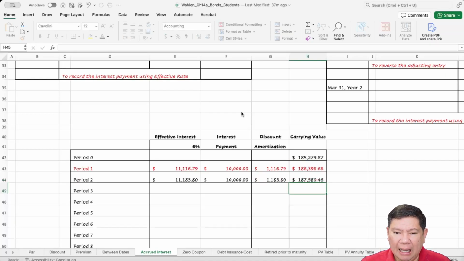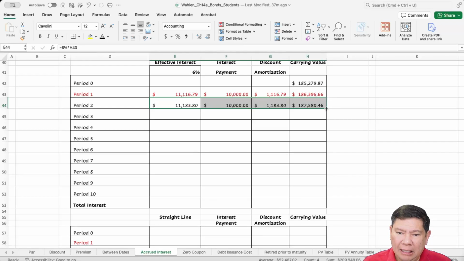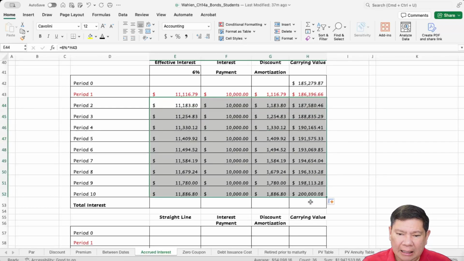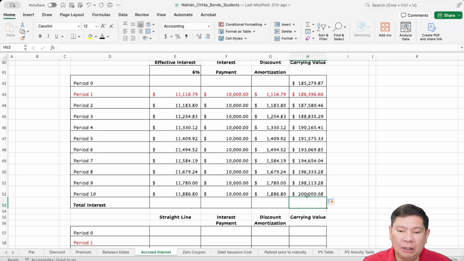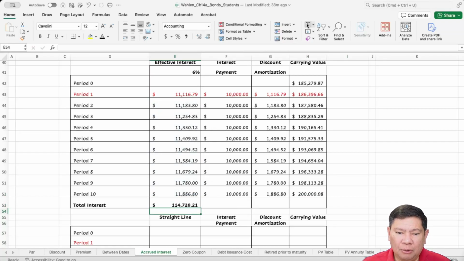And then we add that. Okay, so we can keep doing that and get our bonds back to $200,000, and we can calculate the total interest payment, 114,720.21 for 5 years, or 10 semi-annual payments.